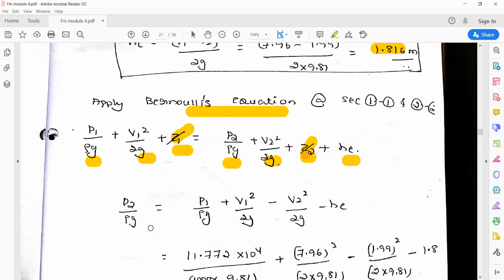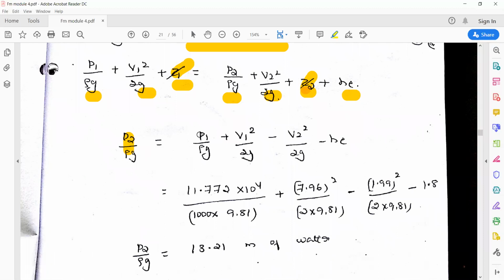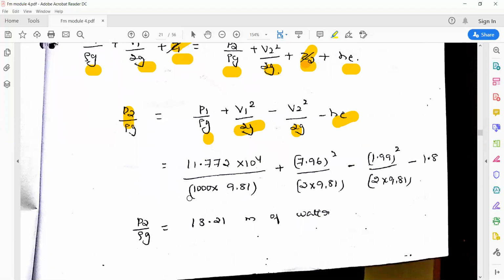All right. Since you have to calculate P2, keep the P2 term on one side. You can move all of the other terms to the other side. You can do the simplification in the formula first. So that is P1 by rho g plus V1 square by 2g minus V2 square by 2g minus He. All right.